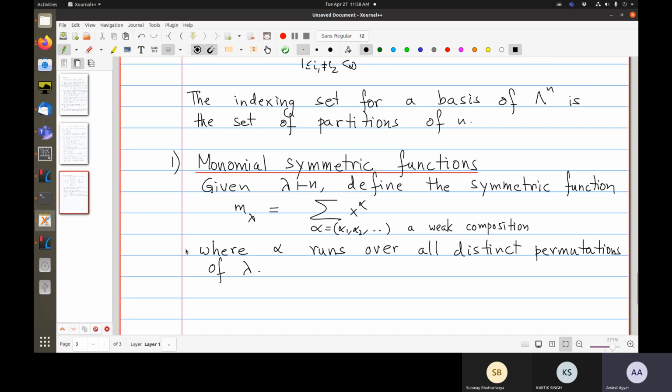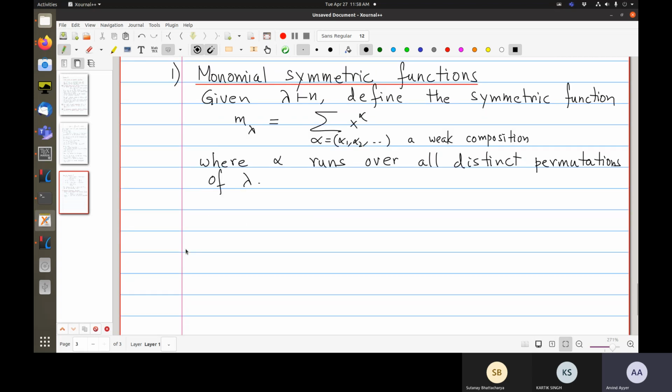Then the proposition is that the set m lambda, lambda a partition of n, as lambda ranges over all partitions of n, is a basis.